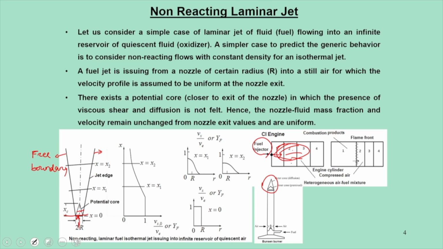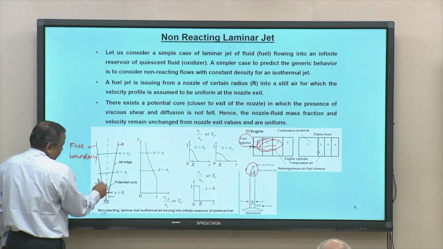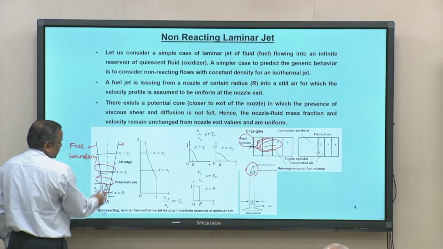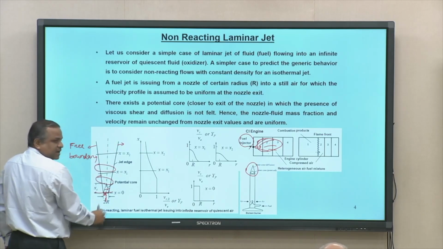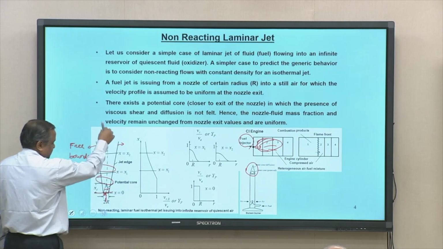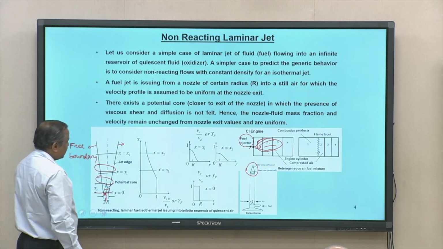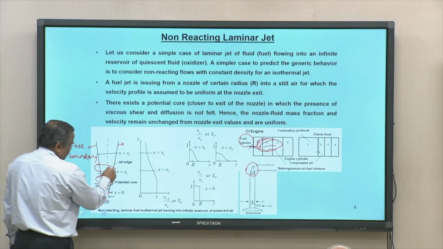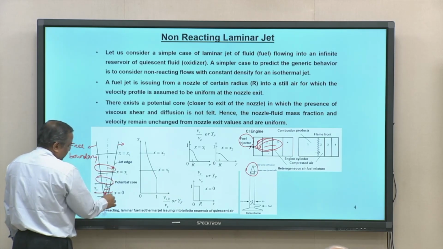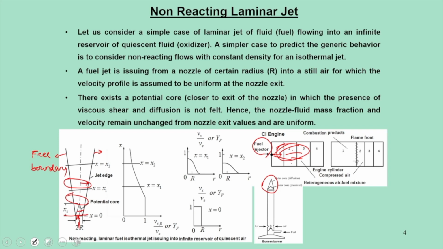Now when it comes out, if you look at each plane, the flow is axial along the central axis, and there is a radial variation which is r, and an axial variation which is x.